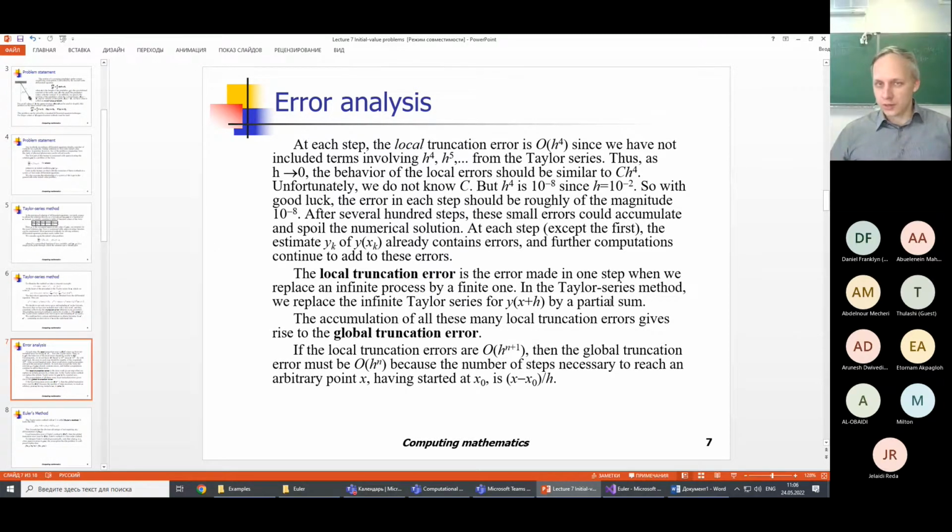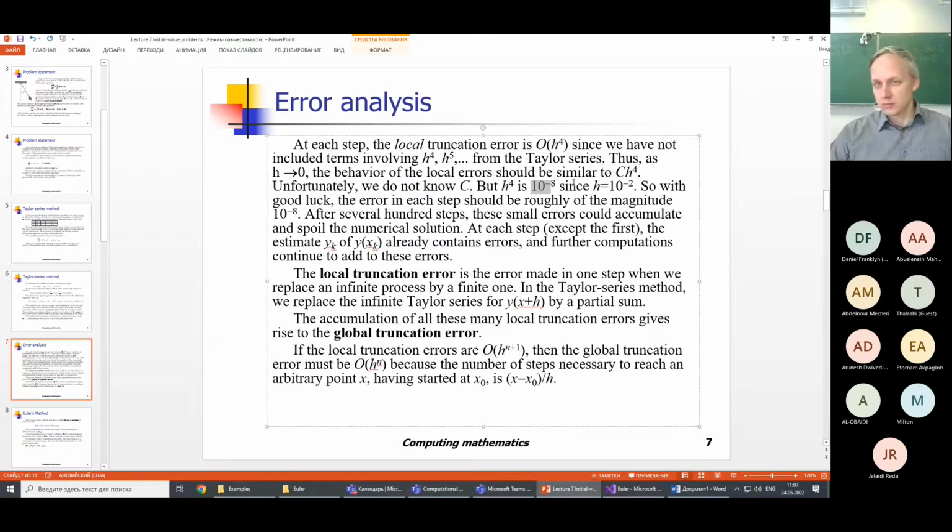Unfortunately, we don't know the constant, but h power 4 is very good. For example, if h equals 10 power minus 2, then h power 4 equals 10 power minus 8.